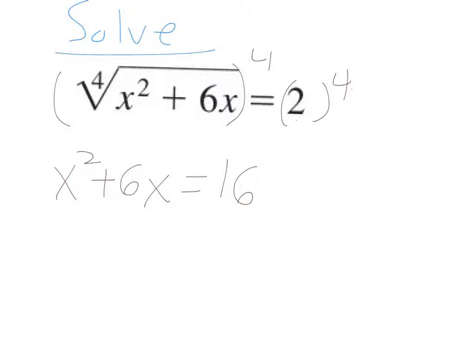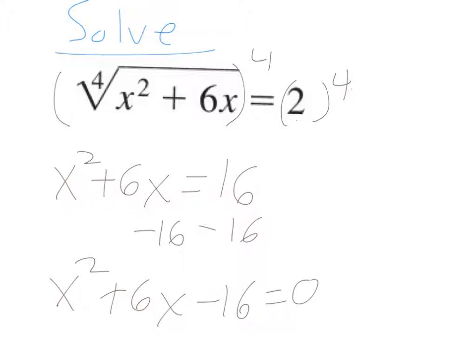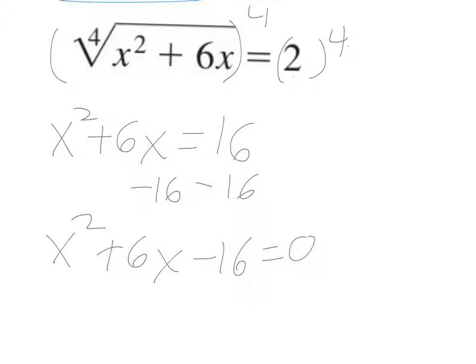So now if you get this to the other side, you have x squared plus 6x minus 16 is equal to 0. If we factor this down, we're looking for the factors of 16 that subtract to give us 6. We know those factors are 8 and 2.